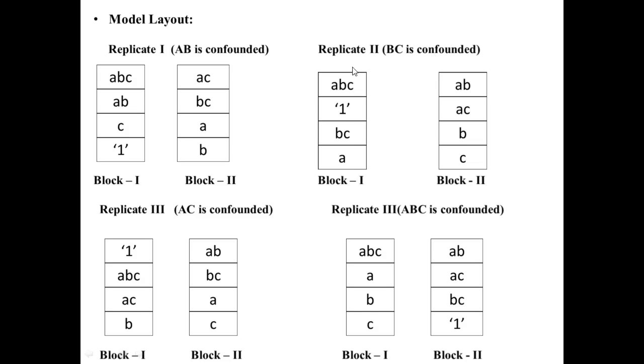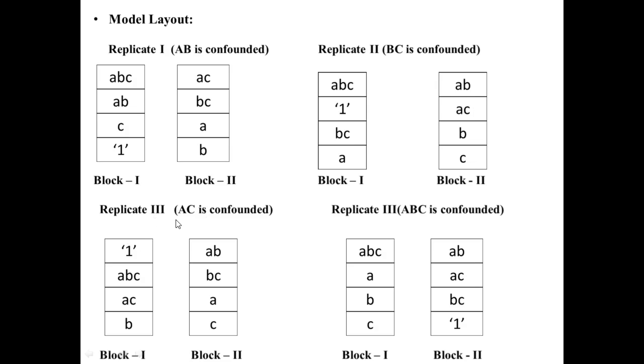In block 1 we consider the positive combinations, so we get ABC, 1, BC and A, and in block 2 we consider all the negative sign combinations, so we get AB, AC, B and C.